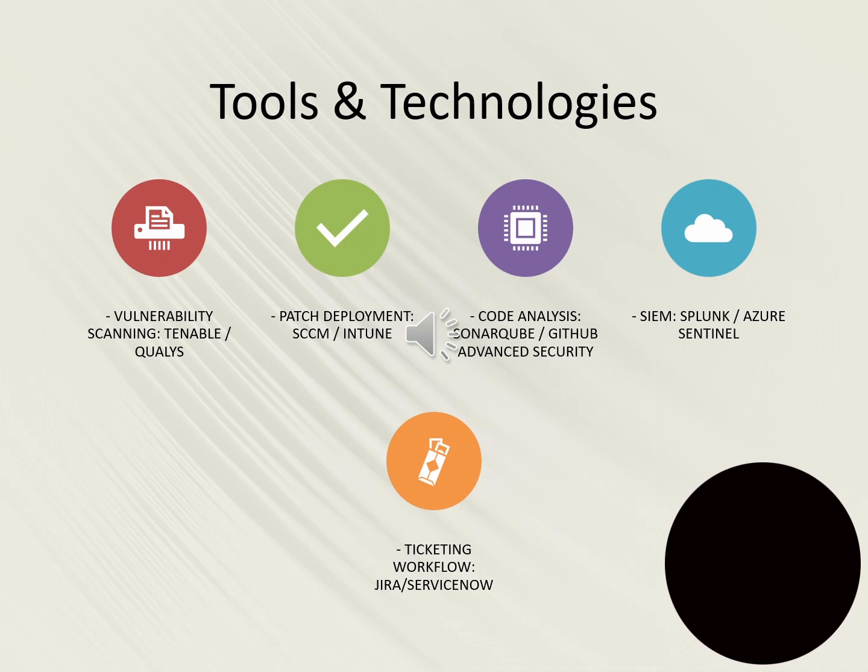In terms of patch management or patch deployments, we can use SCCM or the Intune tools. We can use GitHub for the software development lifecycle and code reviews, as well as Splunk for Azure connectivity.